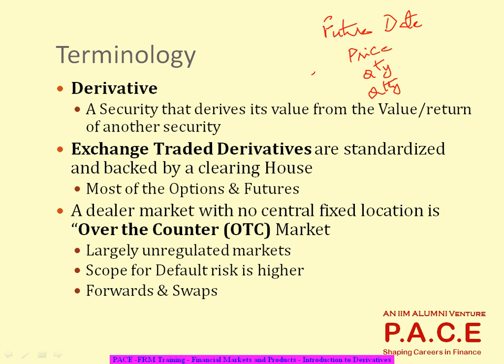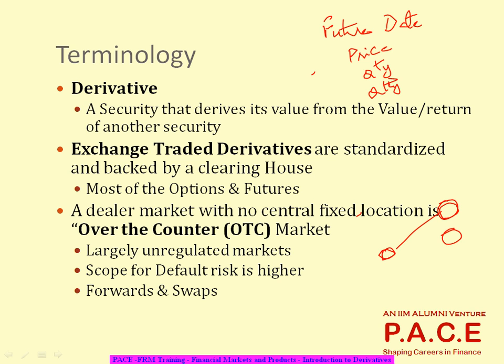So when you assume, let's say today the price of some commodity is here, with some level of analysis you thought that after 1 month the price is going to be here. Then the simpler thing for you is you will get into a derivative contract. What that derivative contract says, okay, I'll buy this from you at this price on that day.